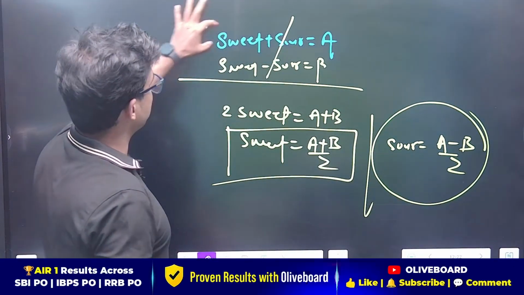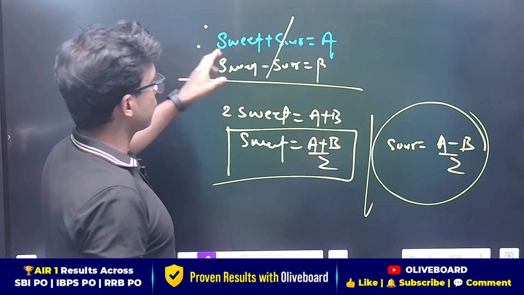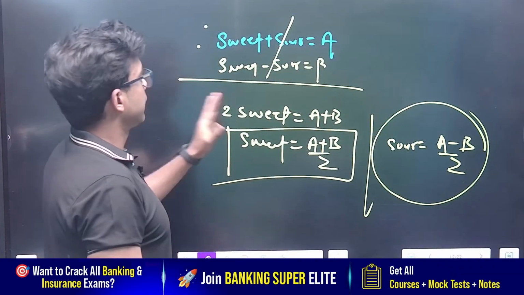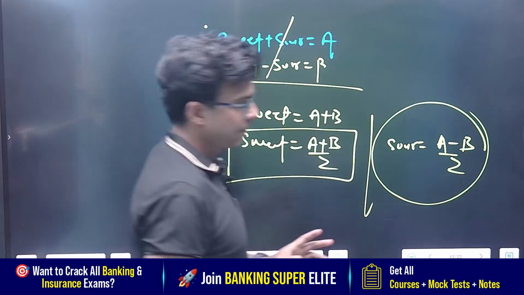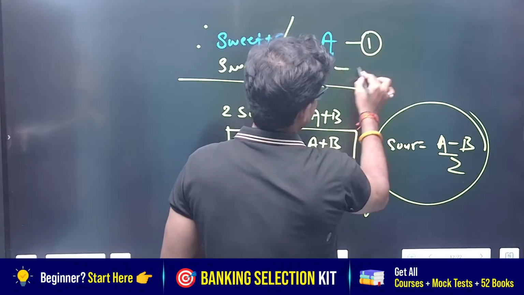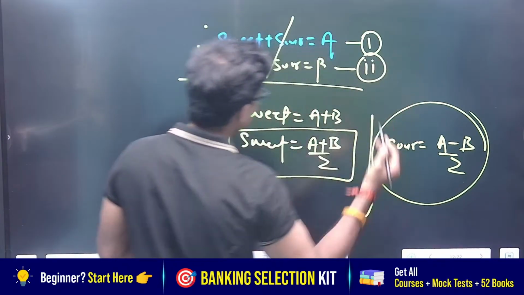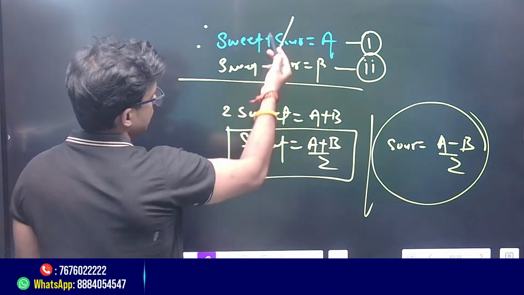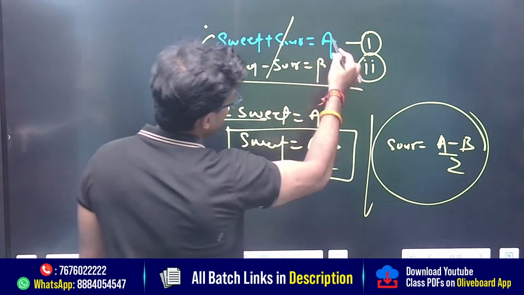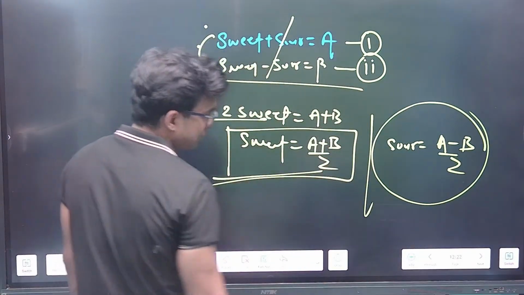First is sweet plus sour is A and the other was the difference. Assume sweet plus sour is A, then the difference would be B, correct? So this is equation number 1, this is equation number 2. We add and subtract. So 2 times sweet would be equal to A plus B.